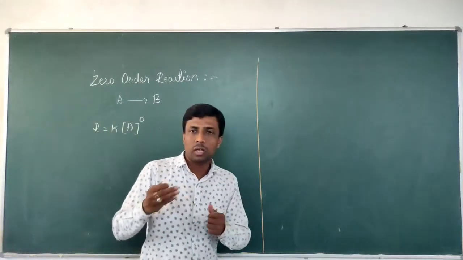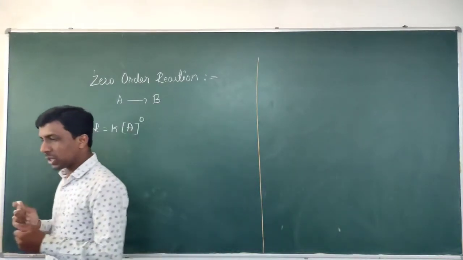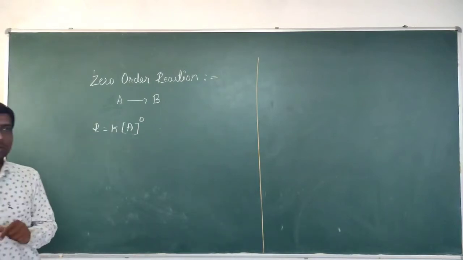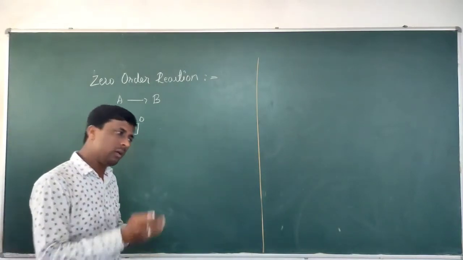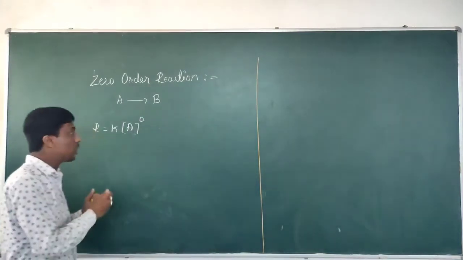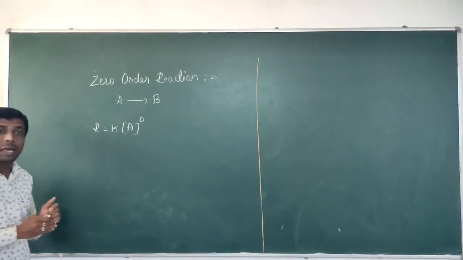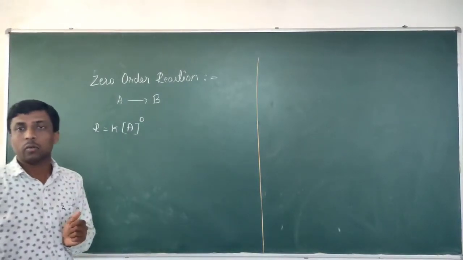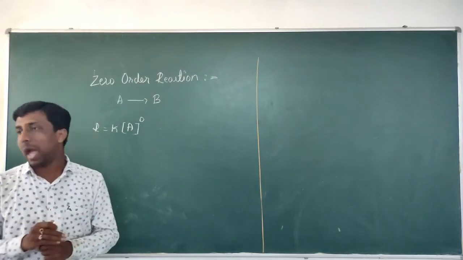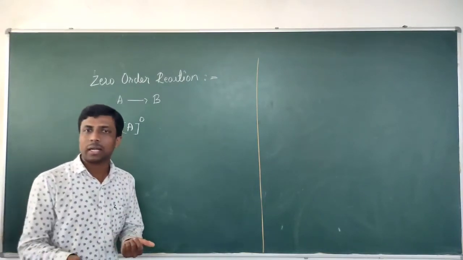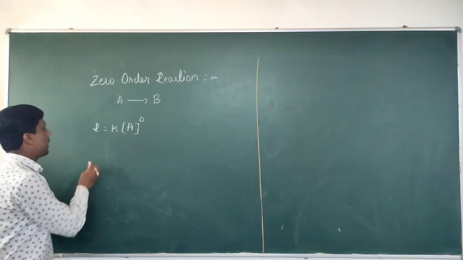Usually what happens, if you increase the concentration of the reactant, rate increases. If you decrease the concentration of reactant, rate decreases. But in case of zero order reactions, what happens? Rate does not change with change in the concentration of the reactant.